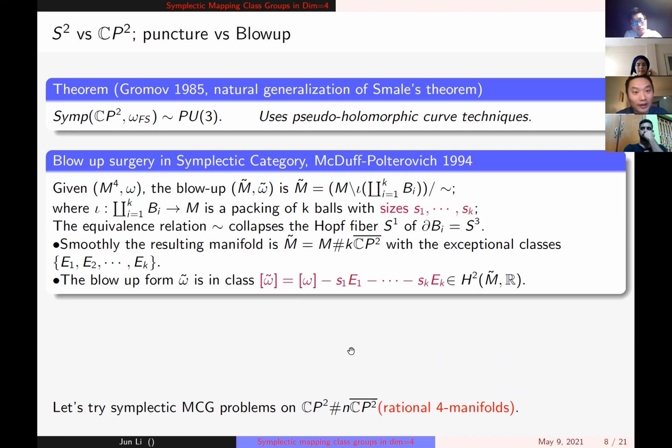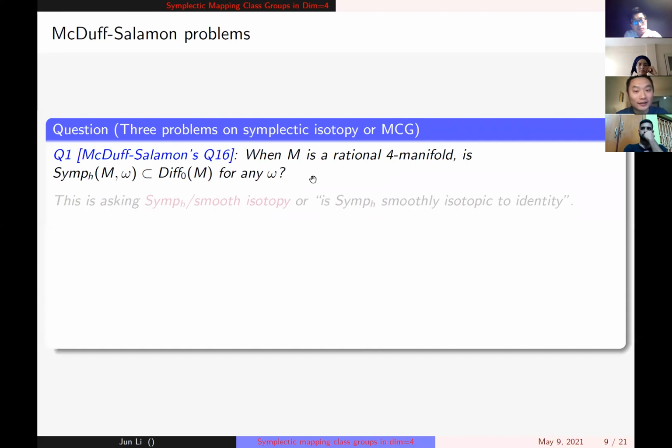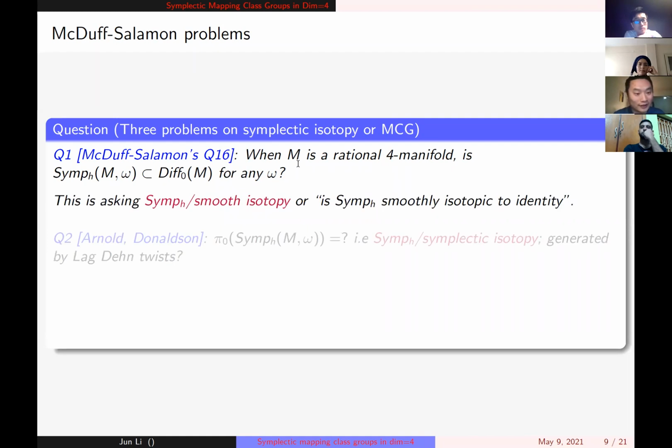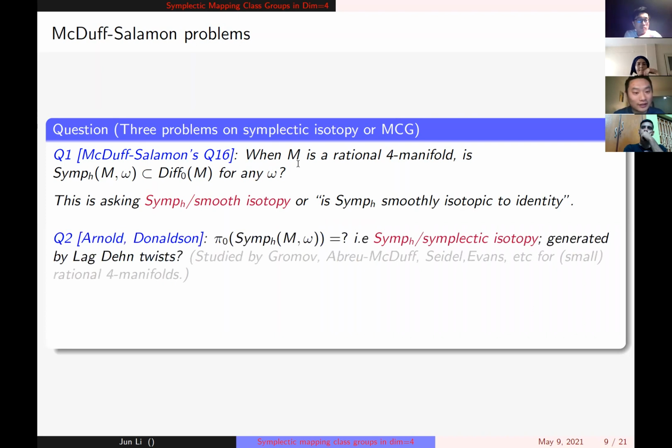In particular, we have a collection of problems on these mapping class groups or symplectic isotopy problems. Those problems are taken from the textbook Introduction to Symplectic Topology by McDuff and Salamon, which has a collection of open problems. You can see the problem number, but let's just see the statement.